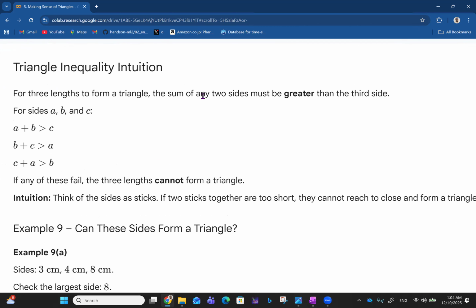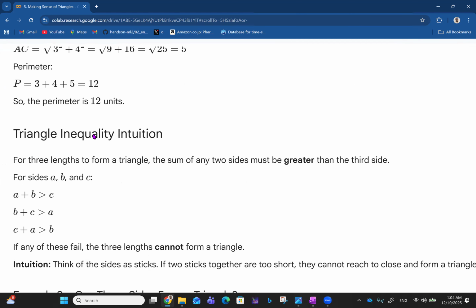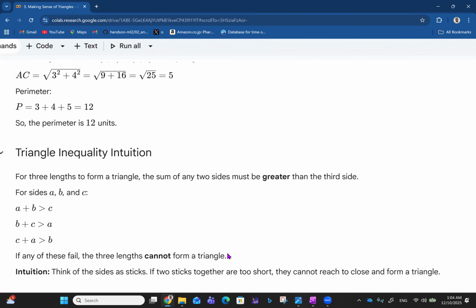For three lengths to form a triangle, the sum of any two sides must be greater than the third side. So for sides A, B, and C, A plus B must be greater than C, B plus C must be greater than A, and C plus A must be greater than B. If any of these fail, the three lengths cannot form a triangle. The intuition is to think of the sides as sticks. If two sticks together are too short, they cannot reach to form a triangle.